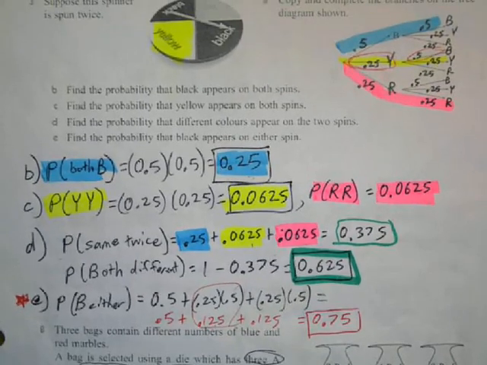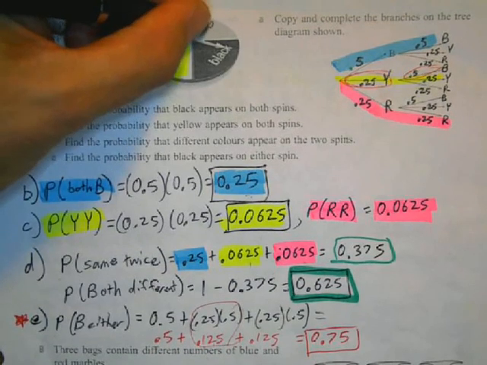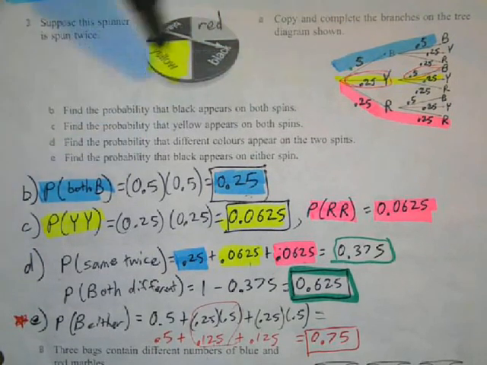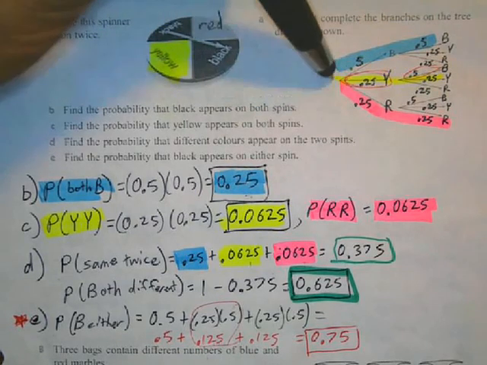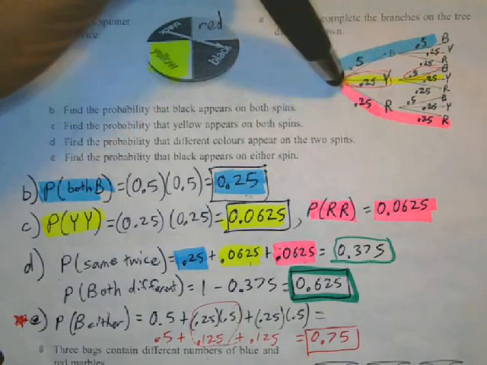All right, let's look at question 3. We do a spinner, and 2 parts are black, 1 part yellow, and 1 part red. So we've got a 50% chance of getting black, a 1/4 chance of getting yellow, and a 1/4 chance of getting red.